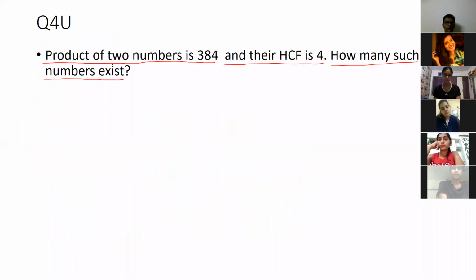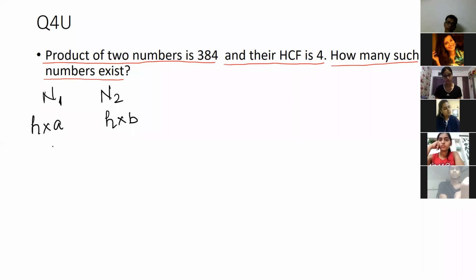So we said that if there are two numbers N1 and N2, both these numbers can be written as a product of HCF and another number.